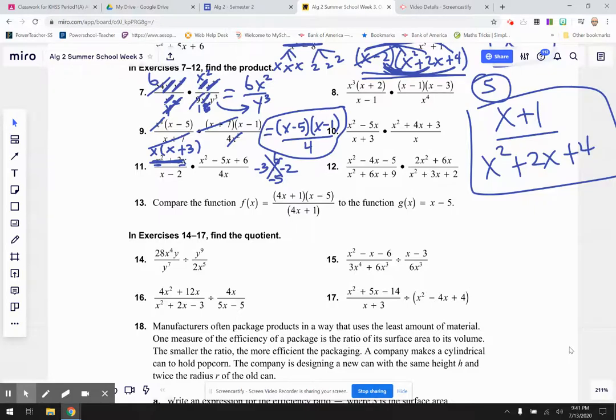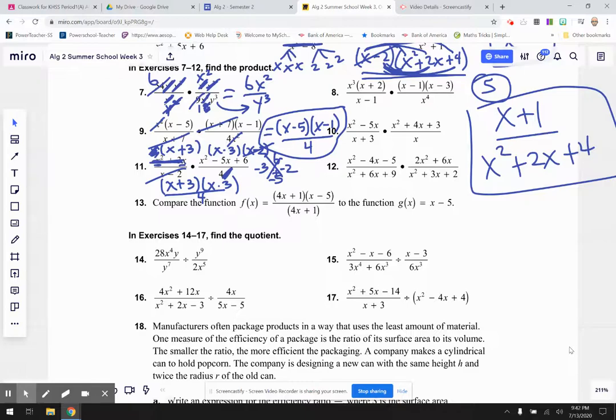Adding them gets you negative 5. So x minus 3, x minus 2, which x minus 2's can cancel. And this x on the bottom can cancel out with this x on the top. So you're left with x plus 3 and x minus 3 on the top. And on the bottom, you're just left with the 4. So that's 11.